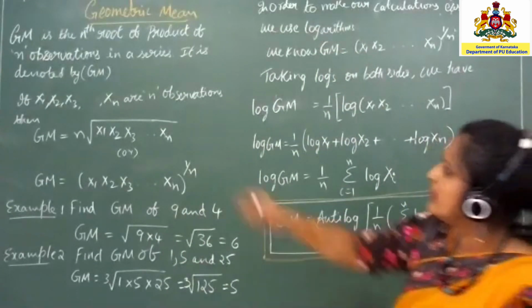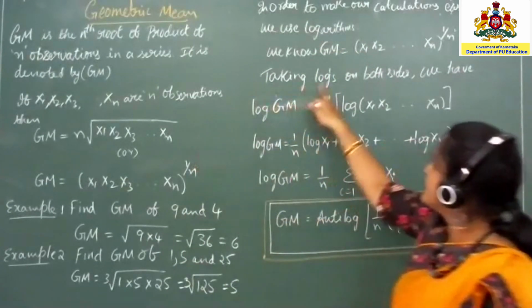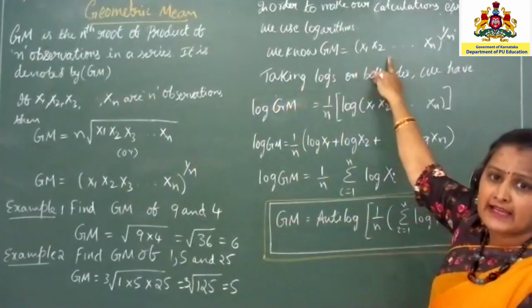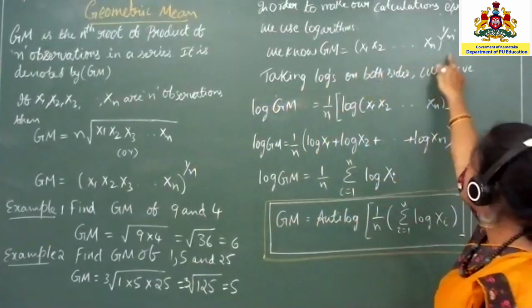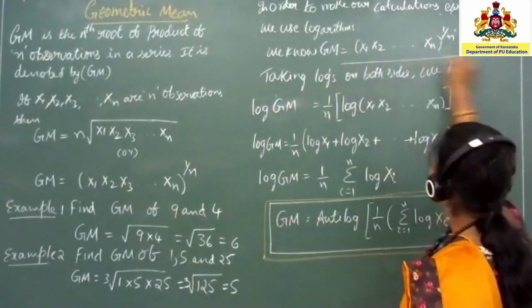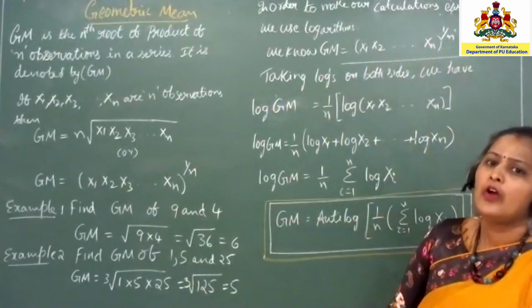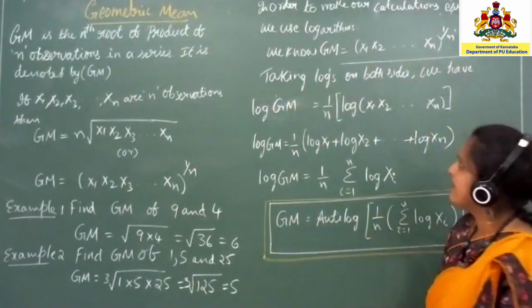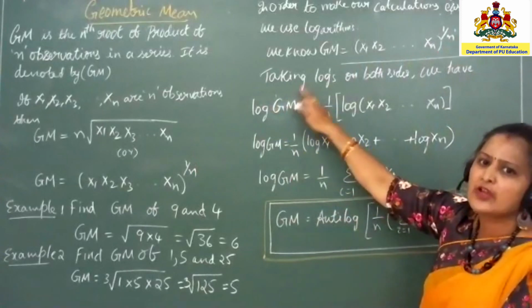As we know, the formula for the geometric mean is GM equal to (x1 x2 and so on xn) to the power of 1 by n. To make it simple, we take logarithms on both sides.